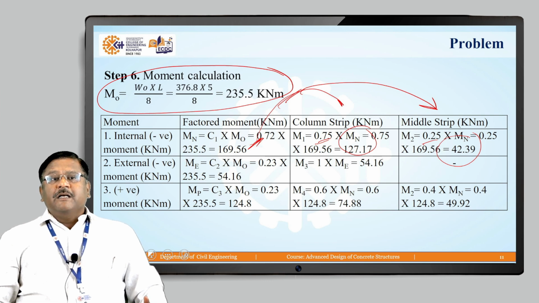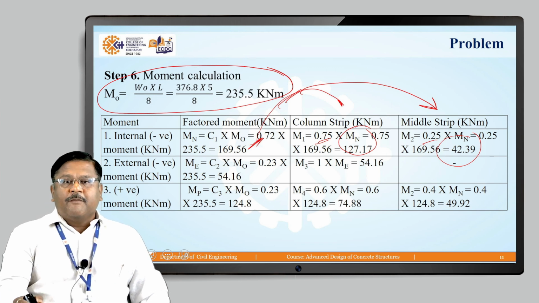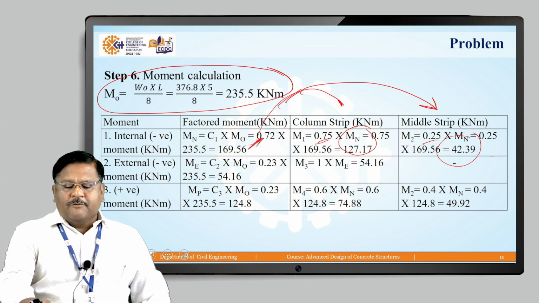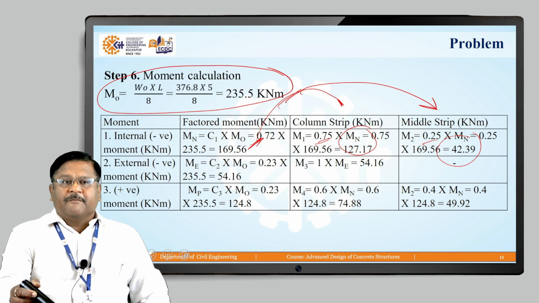These are the negative moments acting internally. Now always remember that negative moment acts at the top face or top extreme fiber of the slab, whereas the positive moment acts at the bottom fiber or extreme bottom fiber. So these are the negative moments which are distributed in the column strip as well as in the middle strip.